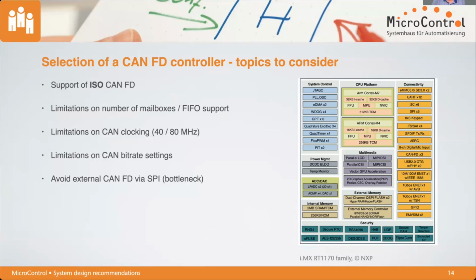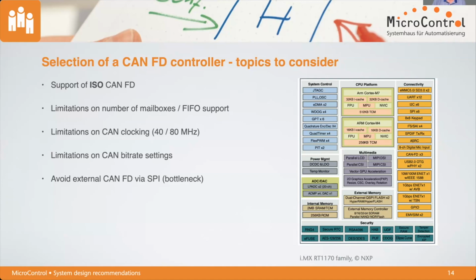There are also, as I already mentioned, some limitations on CAN clocking, and maybe on CAN bit rate settings. And I repeat what was already mentioned today: avoid external CAN-FD via SPI. That is really a bottleneck.